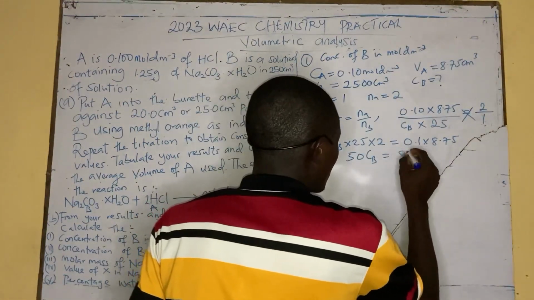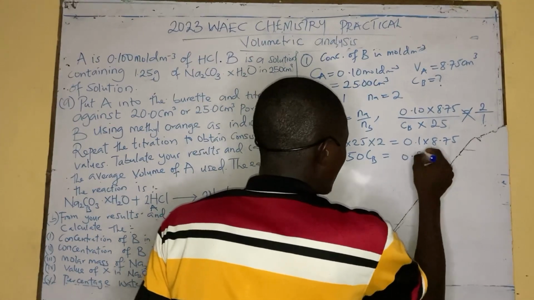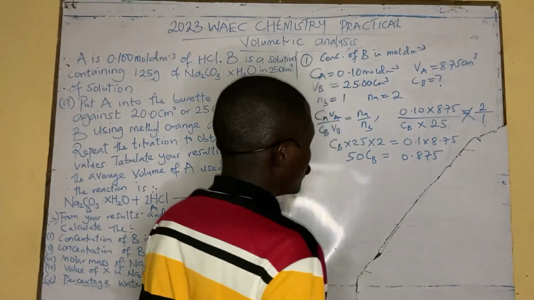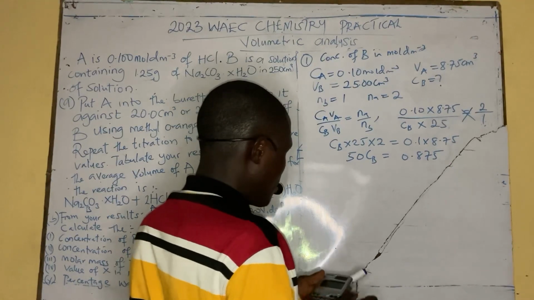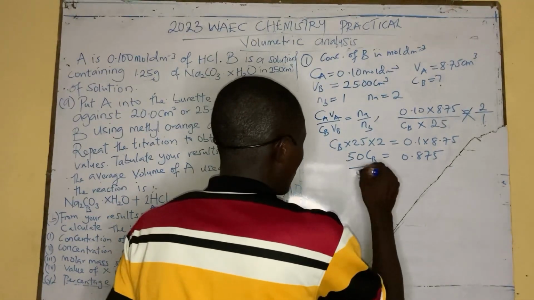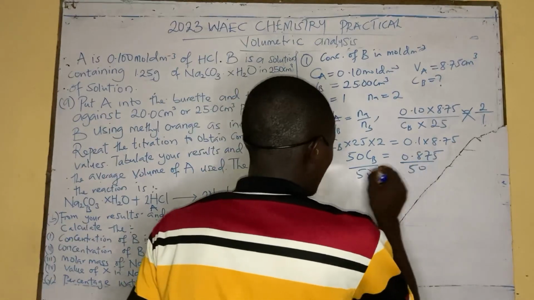You press your calculator, we have 50 Cb equals 0.875. Now 0.875 divided by 50.